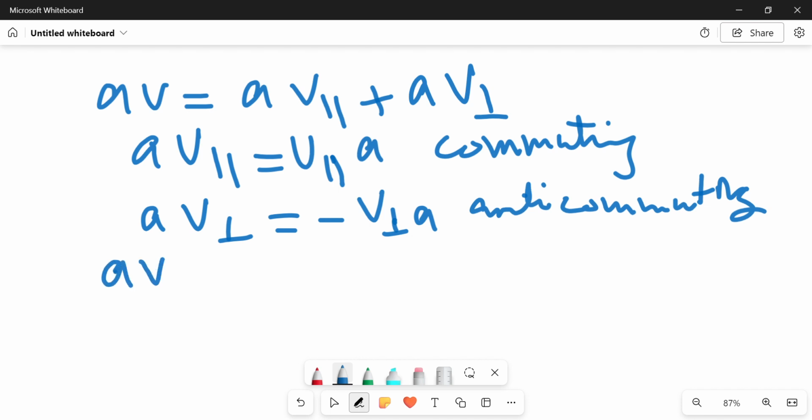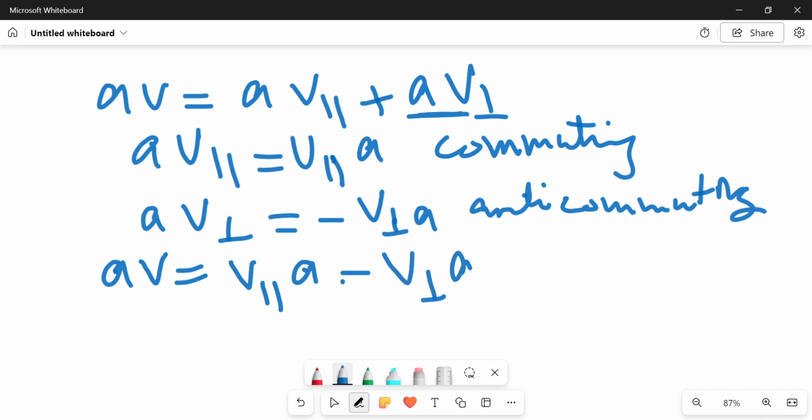So what do we get? We get A V equals, instead of A V parallel, this commutes, I want V parallel A. I want to keep A on the right hand side. V parallel A plus A V perpendicular. Also I want to switch over the minus, so here it anti-commutes.